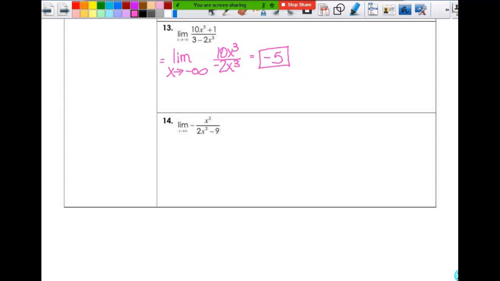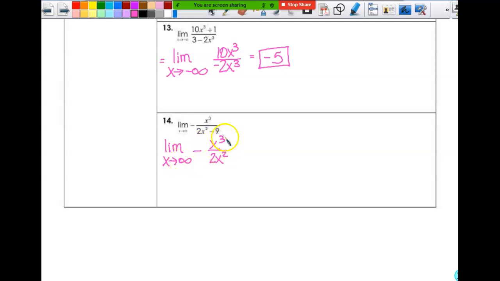So then here, I'm going to have the limit as x approaches infinity of negative x cubed over 2x squared. So this is top heavy, which means there's no asymptote. So my answer is either plus or minus infinity, and I have to figure out which one it is. So I'm going to take this infinity, and I substitute it in just in the numerator.